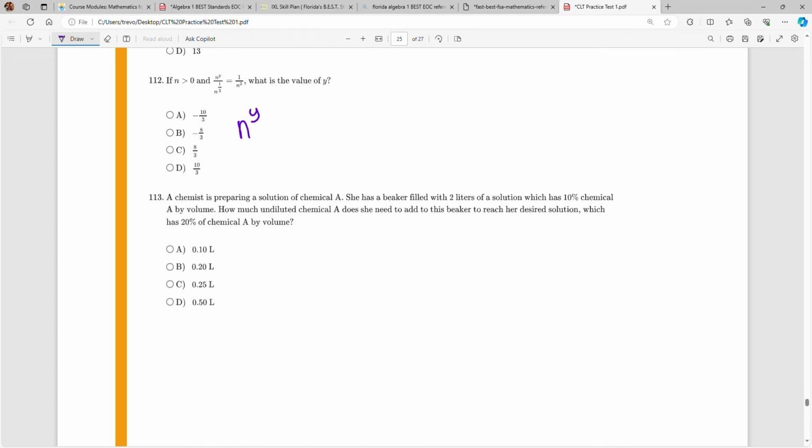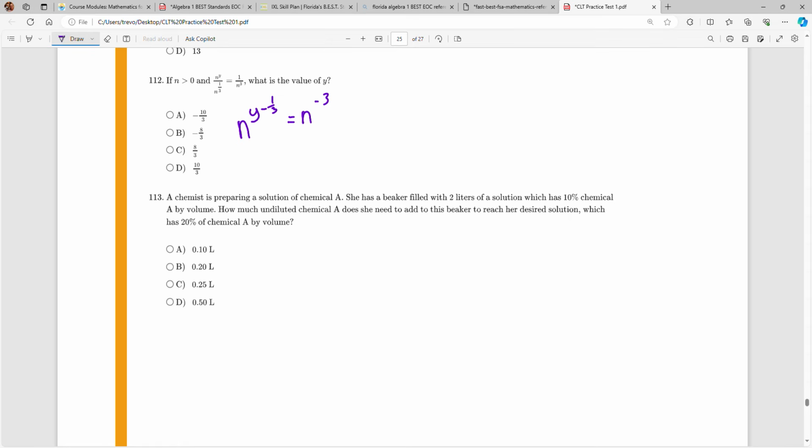Since these two variables are the same but their exponents are different, and we're dividing, when we divide variables with different exponents, we can just subtract the exponents. So that's n to the power of y minus 1/3 equals n to the power of negative 3.